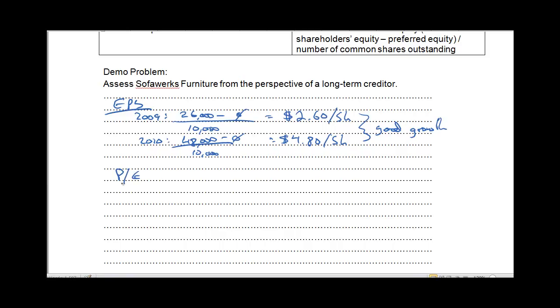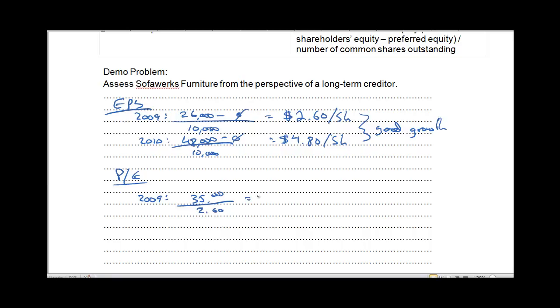Price to earnings. Part of the problem is you can't really compare earnings per share between companies, because it's going to be a factor of what the share price is, how many shares they have outstanding, and all that other kind of stuff. So what we can do is convert that into a much more comparable number by taking the market price of the share, in this case $35 for 2009, and dividing it by the earnings.